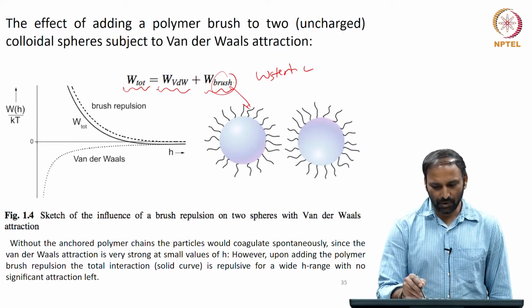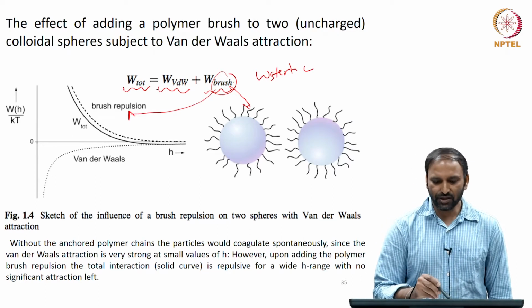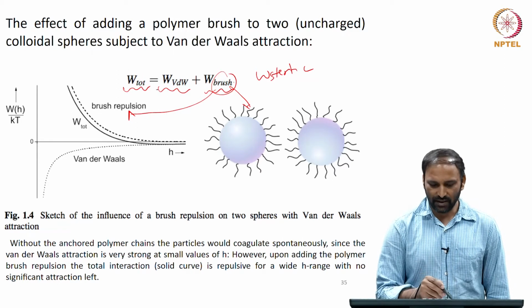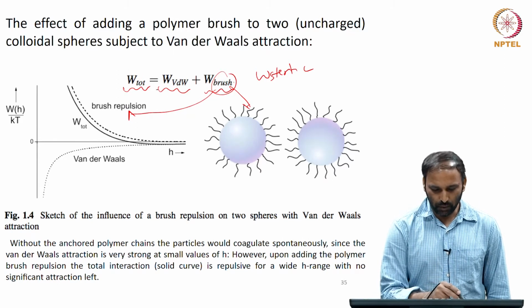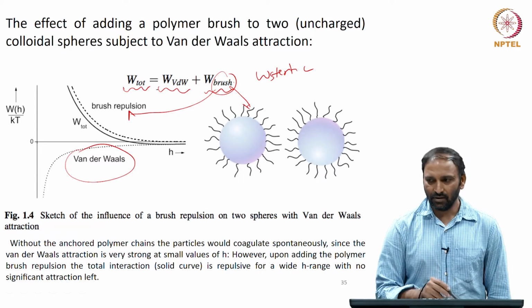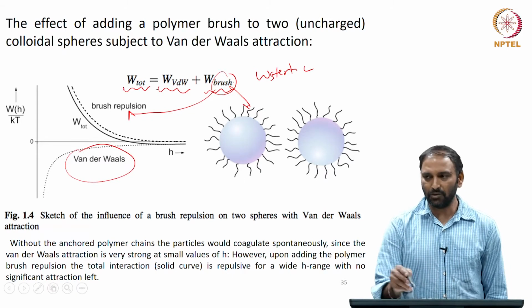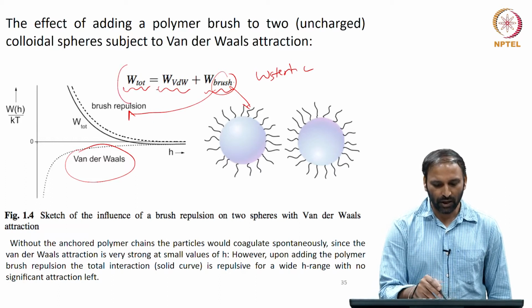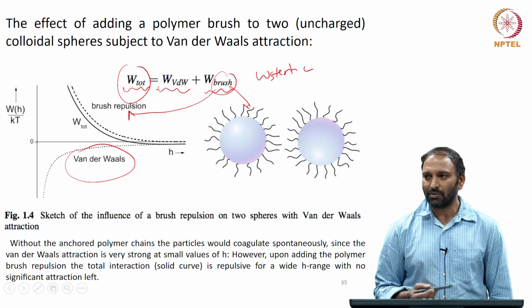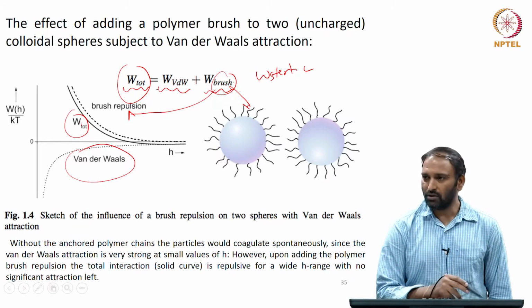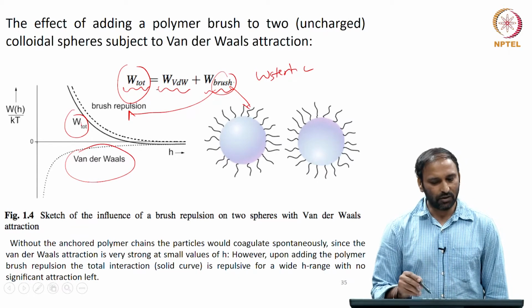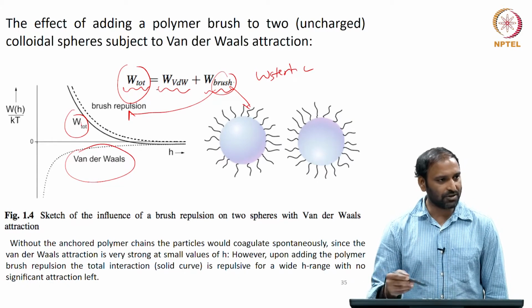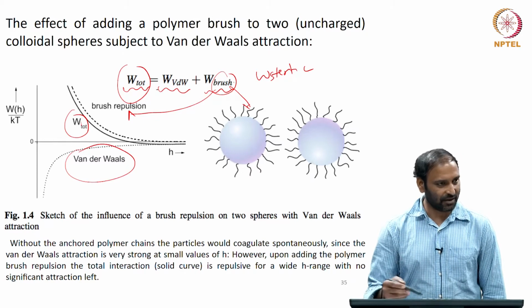And the steric repulsion, or W brush, is going to be repulsive, right, that is this, and the van der Waals is going to be attractive. So the whole idea of putting in W brush, or the steric repulsion, is that the overall interaction would still be repulsive, that is your W total, depending upon the configuration of the polymer molecules, depending upon the grafting density, everything.